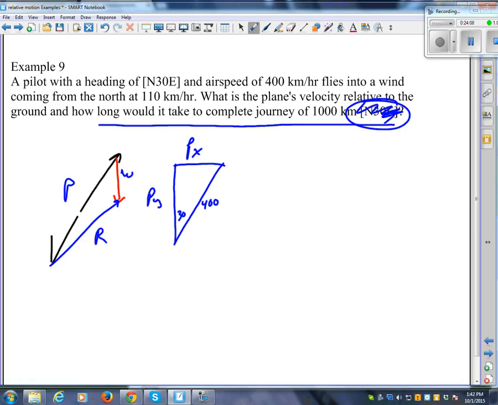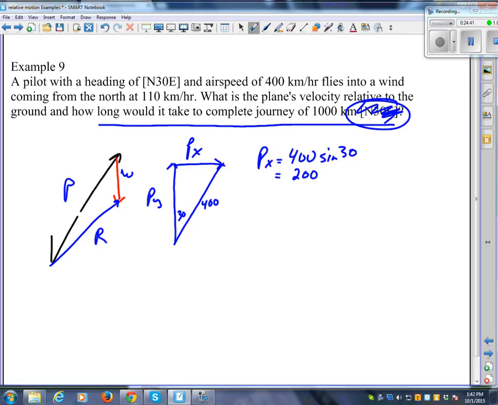Px is going to equal its opposite, so we're going to use sine: 400 sine 30. I should put some arrowheads on here. 200 to the right, so it's going to be positive.